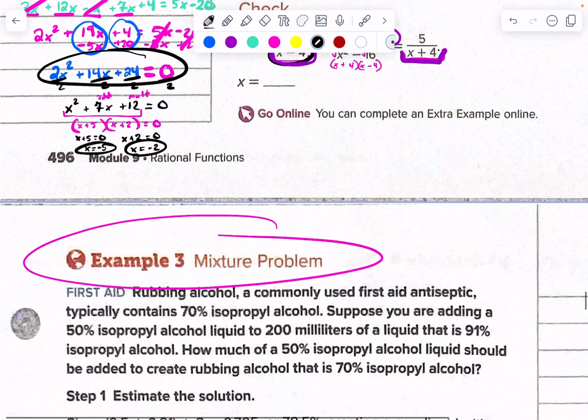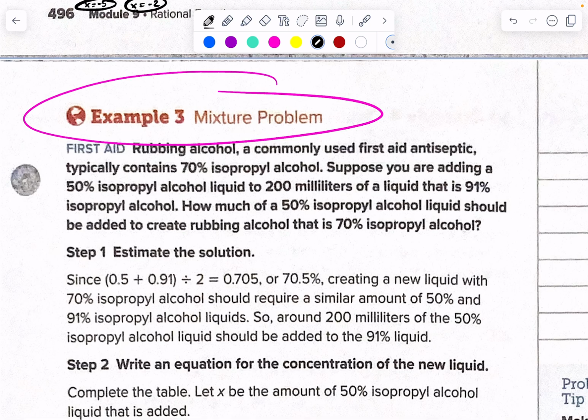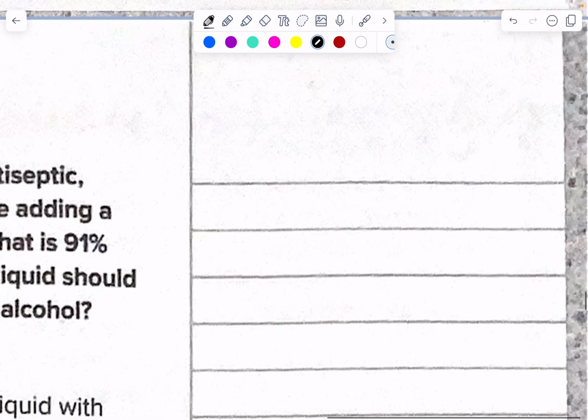All right, one more thing. Mixture problem. Oh, yeah, mixture problem. Here we go. All right, rubbing alcohol. When we did mixture problems before, let's write down our equation. We had 2 things that we're adding together. So we've got this guy plus this guy equals my final solution, right?